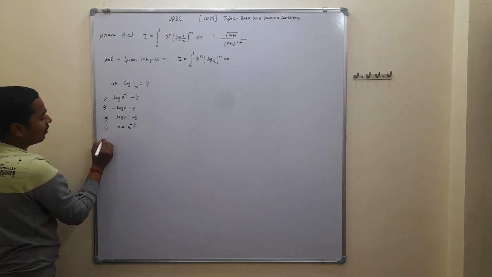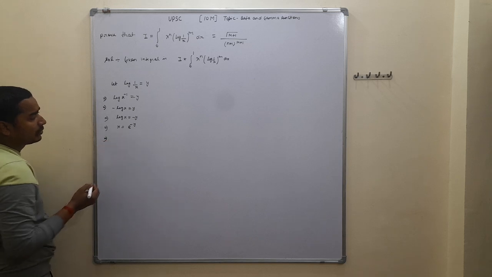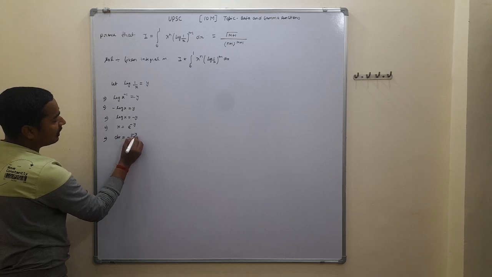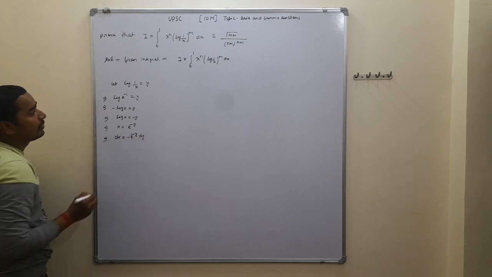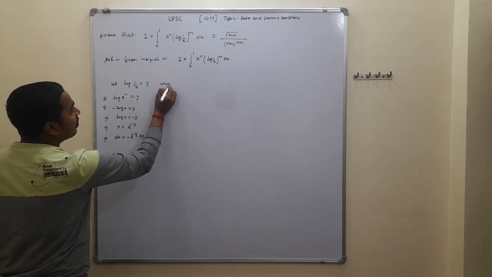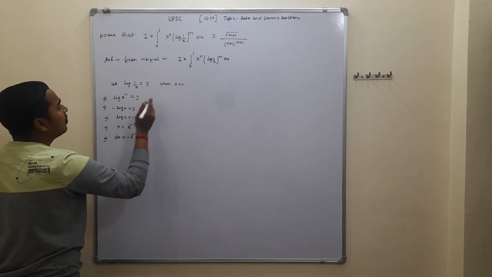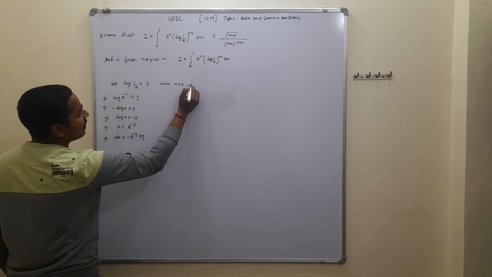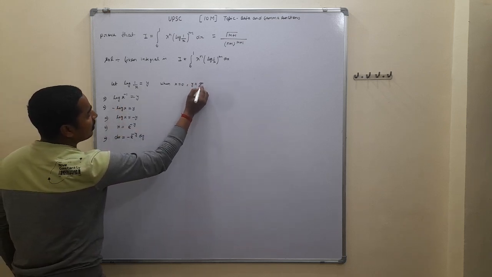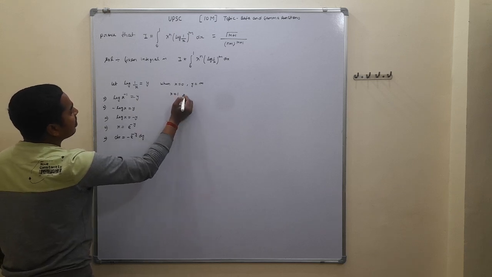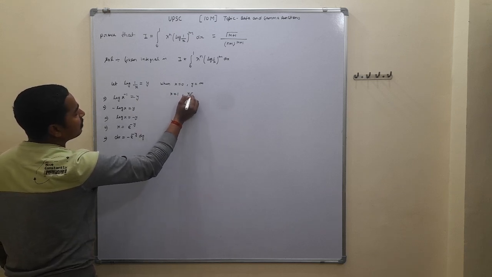On differentiating both sides with respect to x, we get dx equals minus e to the power of minus y dy, and we can also change the limit. When x equals 0, we get y equals infinity, and when x equals 1, we get y equals 0.